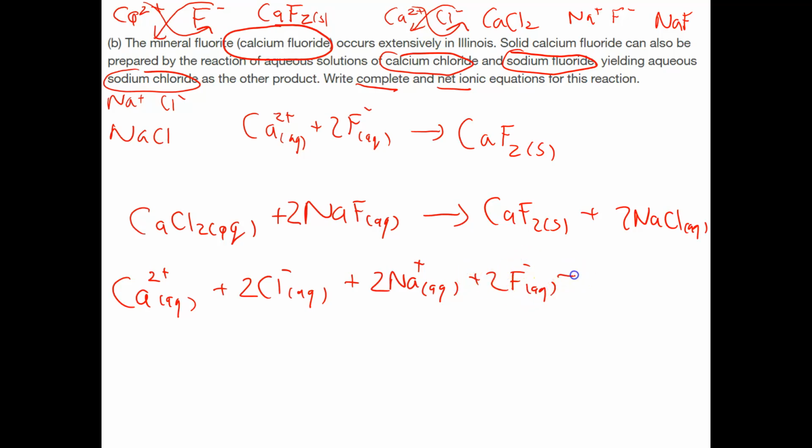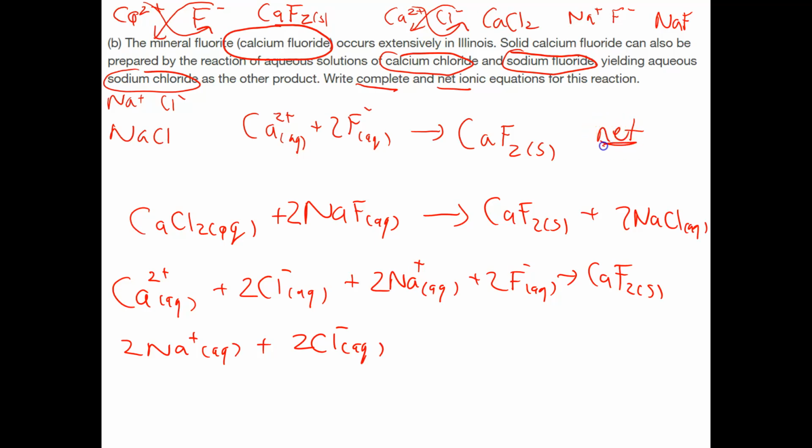And this tends to get pretty long. You can see here, I'm actually going to run out of space keeping it all on the one line. And it's one of the reasons why we prefer the net ionic equation, because it focuses your attention on what you need to understand is going on.